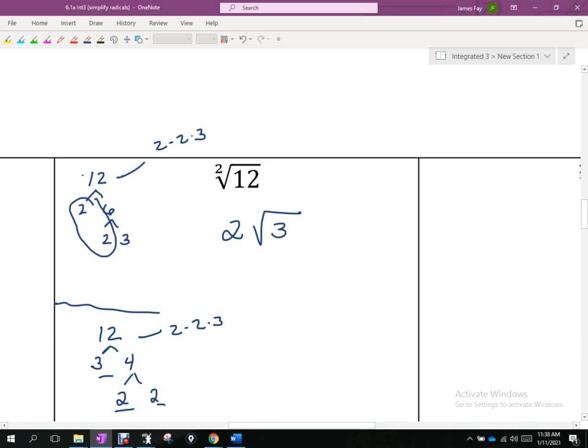So it doesn't matter how you initially divide. Your factor tree might look different than your neighbor's factor tree, depending on your initial choice of factors. However, when you're both done, you should both, in this case, have 2 times 2 times 3. You should have the exact same prime factorization.